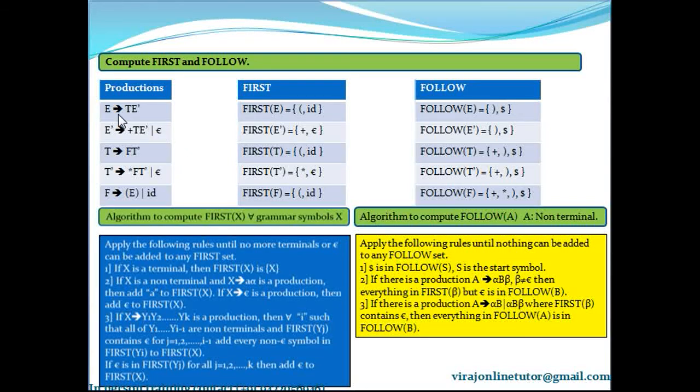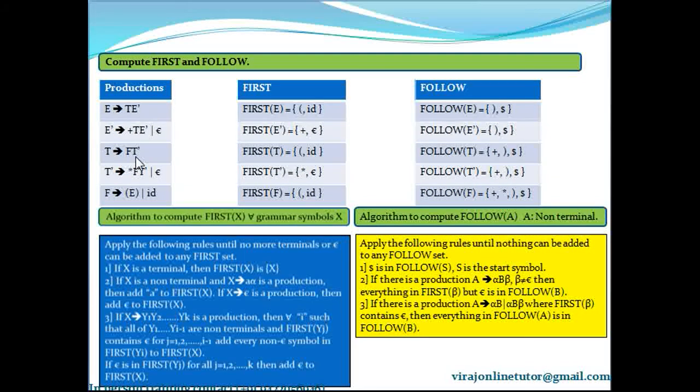So let's apply that rule. Alpha B beta. So first of E dash, you place it in follow of T. So plus you place it in follow of T. Alpha B beta, it is applicable here also. Whatever is in first of E dash, you place it in follow of T. Alpha B beta.